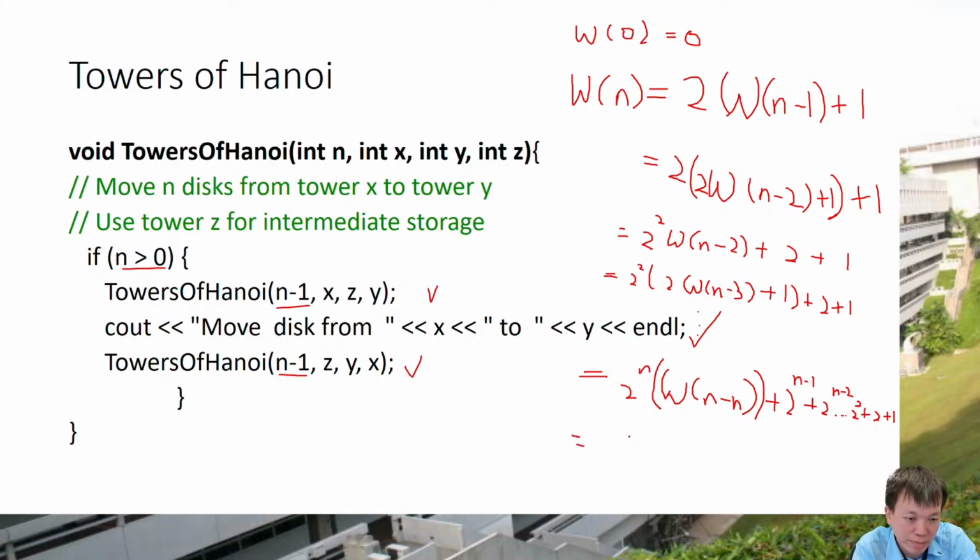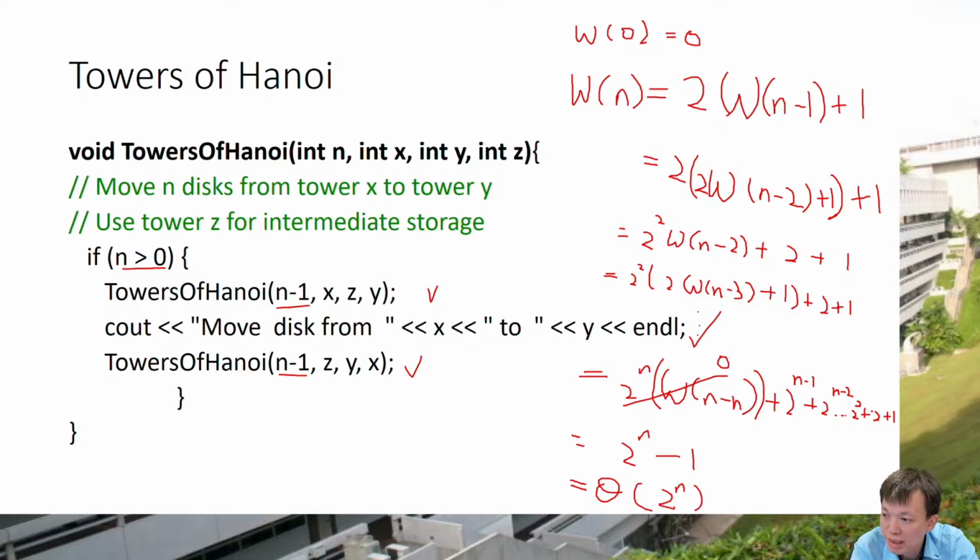Not surprisingly, the base term equals 0. You can see that actually it's a geometric series. You substitute the formula, or derive the summation, and it's 2 power n minus 1.